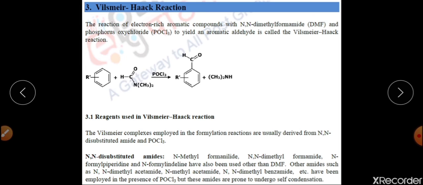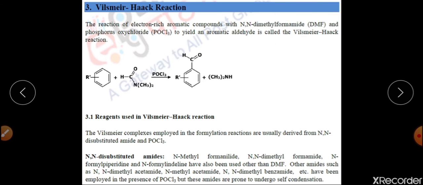So basically this is again a formylation reaction of the activated benzene ring with di-substituted formamide and phosphorus oxychloride. So we have changed the reagent, that is di-substituted formamide and phosphorus oxychloride, POCl3, is being used.